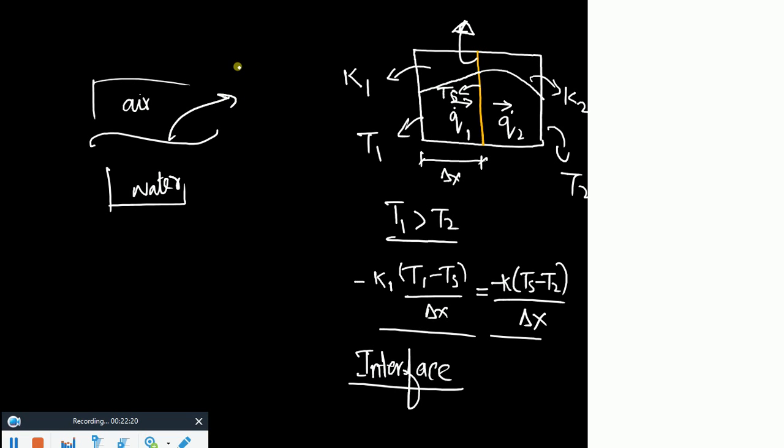So on this interface, velocity of air should be equal to velocity of water. Temperature of air needs to be equal to temperature of water. This is what the interface condition is. And if you look at it from a heat transfer point of view, whatever is coming in needs to go out. On this side it is being done by conduction, on the other side it is also being done by conduction, but you have two different conductivities, so you can define them mathematically like this.